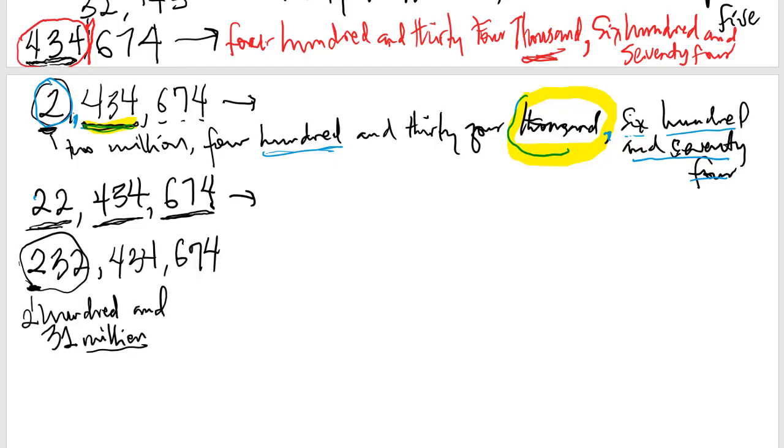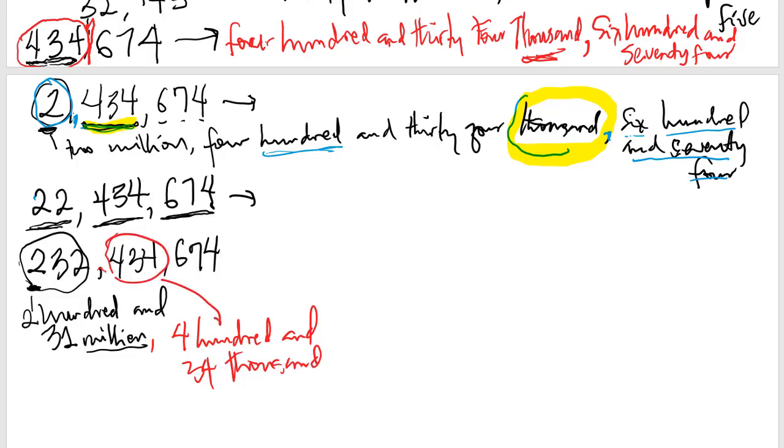Then you move to the comma. Okay, 434,000 because we are in the thousand region. So that's it.